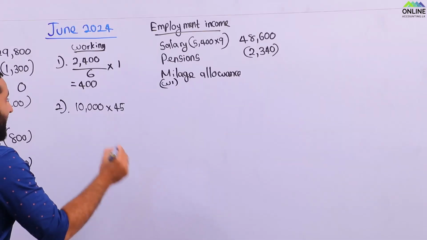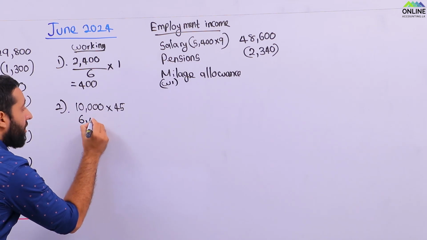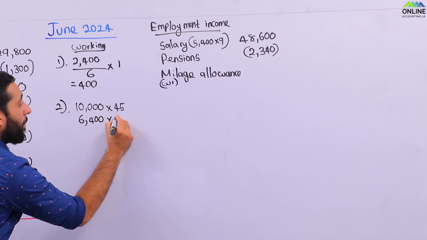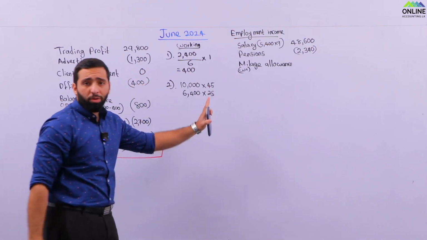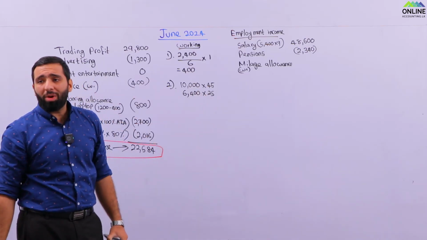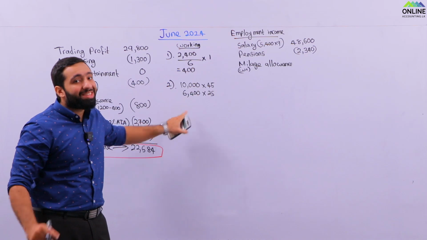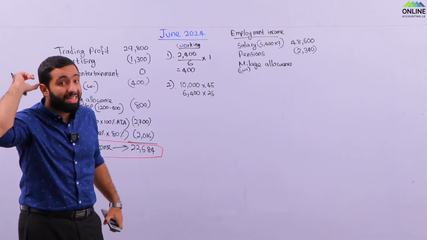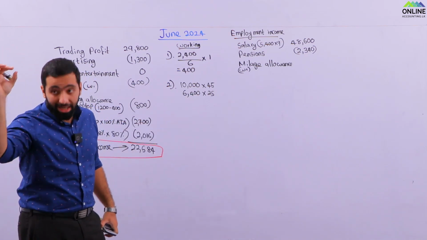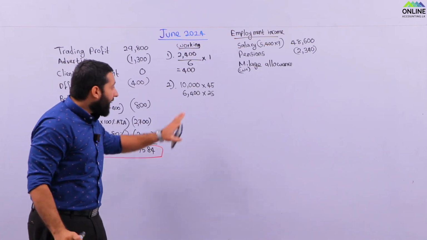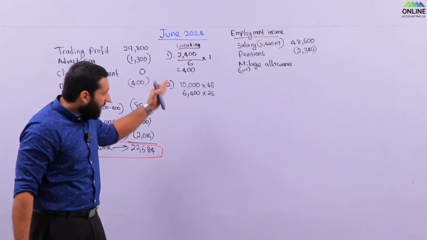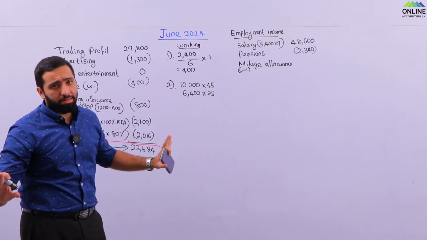And then the next 6,400, am I correct? Multiplied by 25p. Is 6,400 given in the question? Yes. How did I arrive at this 6,400? Yes, the total miles is 16,400, clearly given in the question. And then you reduce 10,000. That is how you arrive at 6,400.